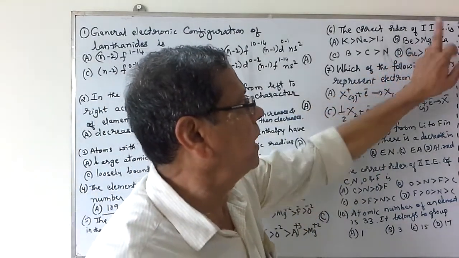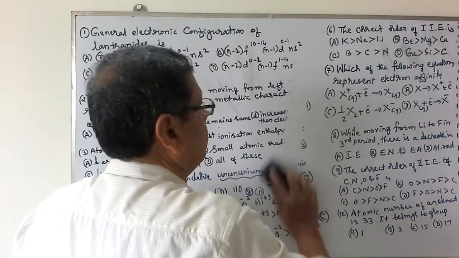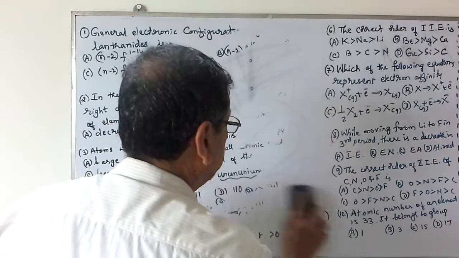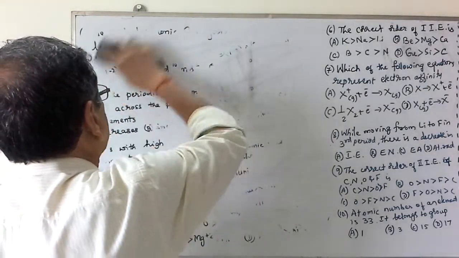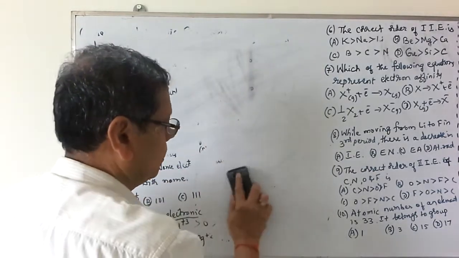Beryllium, magnesium and calcium. To consider this explanation, take beryllium, magnesium and calcium: they belong to the same group. The outer electronic configuration is ns2.